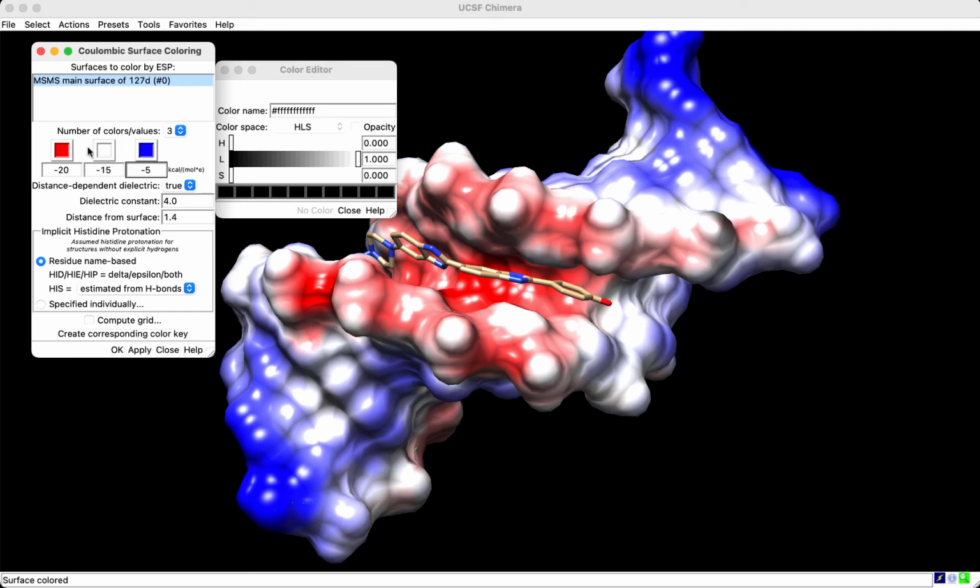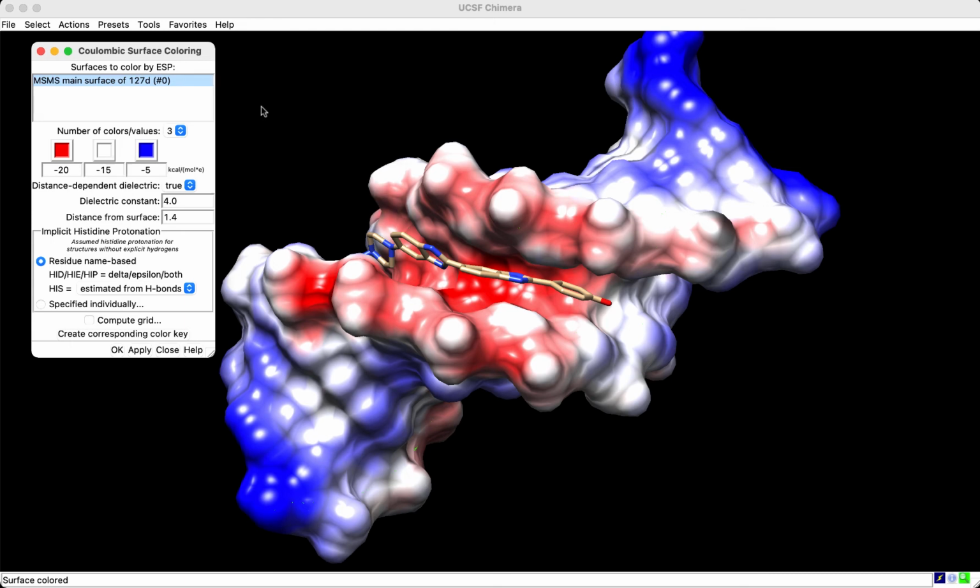So you can play and you can use more than 3 values, more than 3 colors. At the end of the day, use the color coding scheme that makes you get the most insight from this. And this is what I want to see here. Now, you can see the red corresponds to the most negative value of the electrostatic potential.